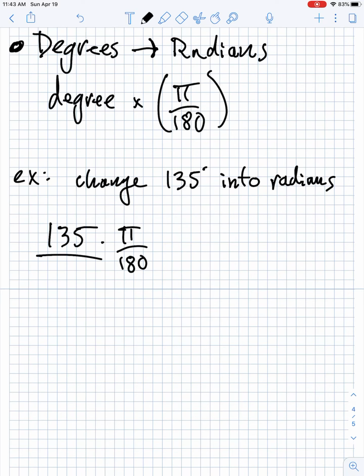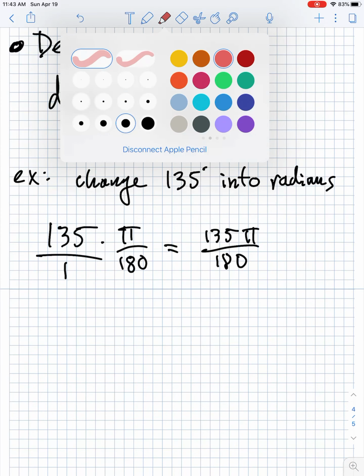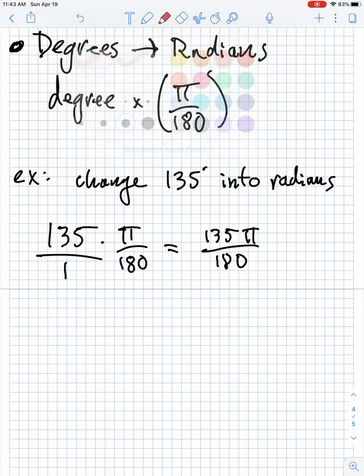Think of the 135 as just 135 over 1, and then when you multiply these together, you get 135 pi over 180.